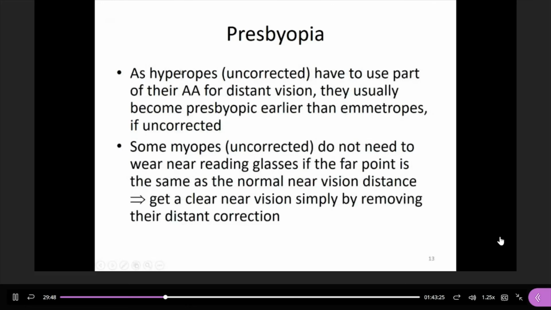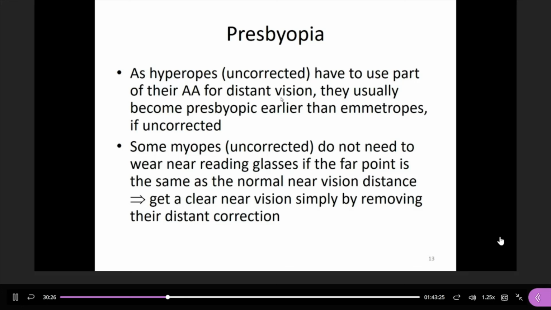So for hyperopes, usually they don't have a sufficient amount of dioptric power, particularly in the uncorrected state. That means they are not using any contact lens or spectacles. For people who have hyperopia, if you still remember the topic on emmetropia, one thing they can do is use part of the amplitude of accommodation to compensate for their distant vision.